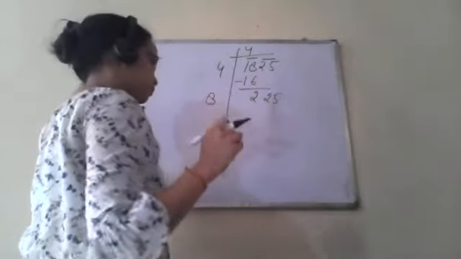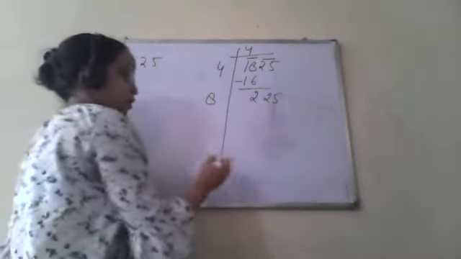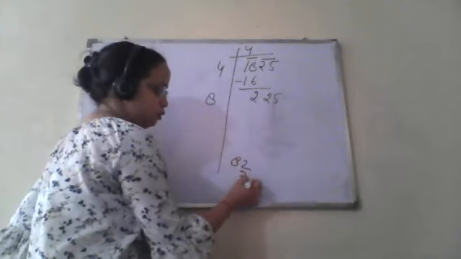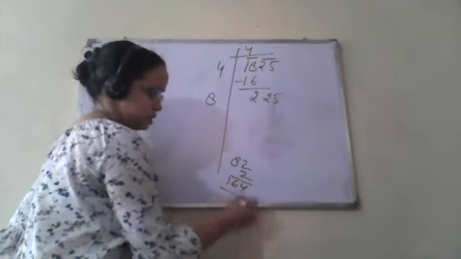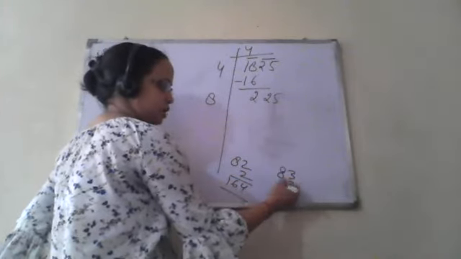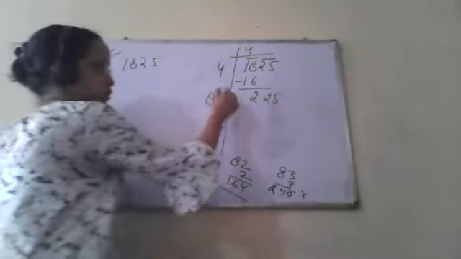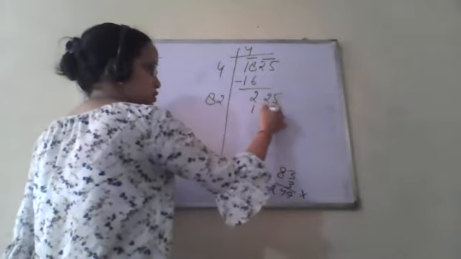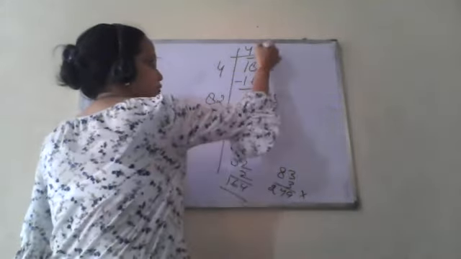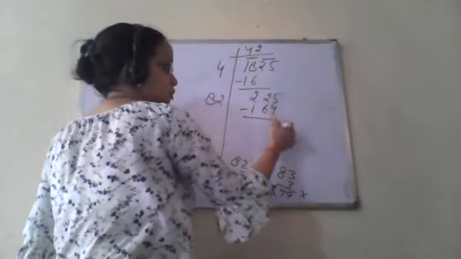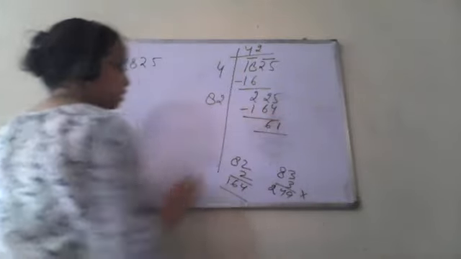Now see, 82 2 times gives 164, and 83 3 times will become 249. So we cannot go with this. So we'll go with this 2. This is 164 and we write 2 here. So this will be 1 and 61. So 61 is the remainder.